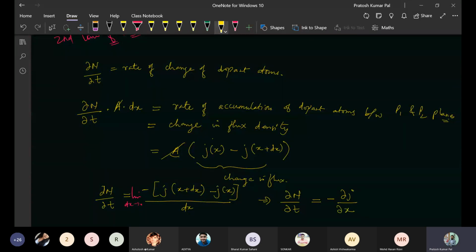So this has been converted to an incremental change in flux density divided by delta x. This is the equation that comes out.